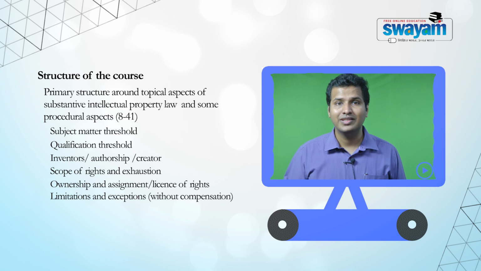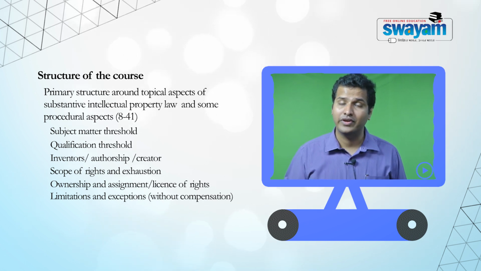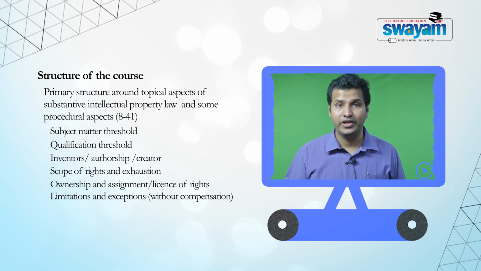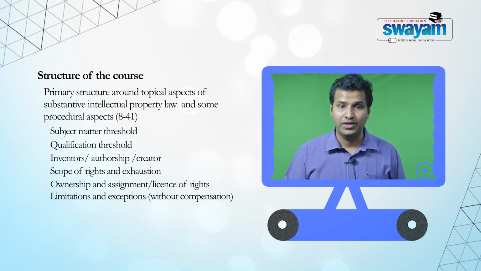So, what are these various limitations and exceptions granted in patent law, like research exemption or regulatory review exemption, or in copyright law in the form of fair dealing or fair use, statutory copyright exemptions or statutory licenses. So, we will study each of these in detail.